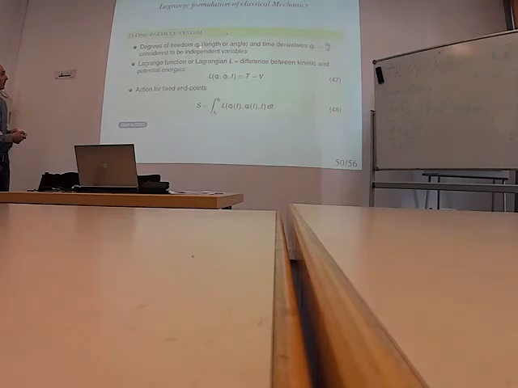So, for example, if this degree of freedom is a position on the x-axis, x dot, so the speed along the x-axis, is assumed to be independent when you make derivations with respect to x. It's independent. You form the difference between kinetic and potential energy to get the Lagrangian. So I assume you have already seen that before.